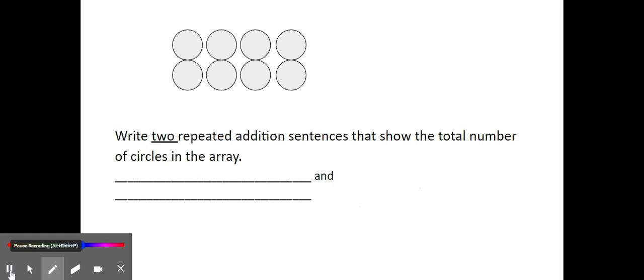Here we have another array. Instead of rectangular boxes in the array, there are circles. Take a minute to look how many circles there are, how many rows there are, and how many columns there are. Let's count all the circles. 1, 2, 3, 4, 5, 6, 7, 8. There are 8 circles in this array.